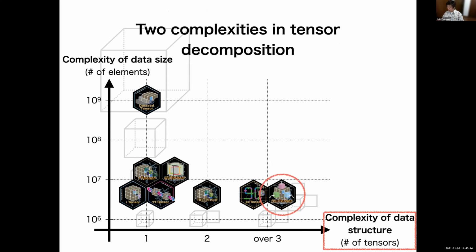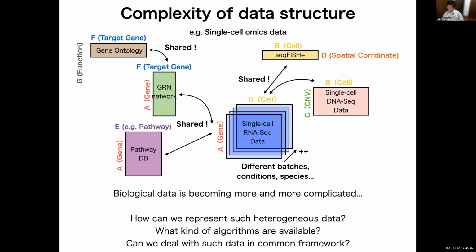Okay, next, I will discuss the complexity of data structure. Biological data is becoming more and more complicated. And when we consider single-cell RNA-seq data, which measures the amount of gene expression in each cell, various data are related to it, such as different omics data of the same cells, spatial coordinates, and so on.